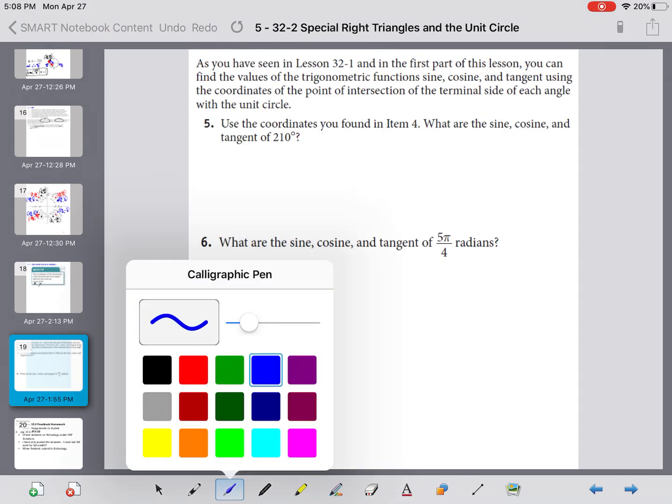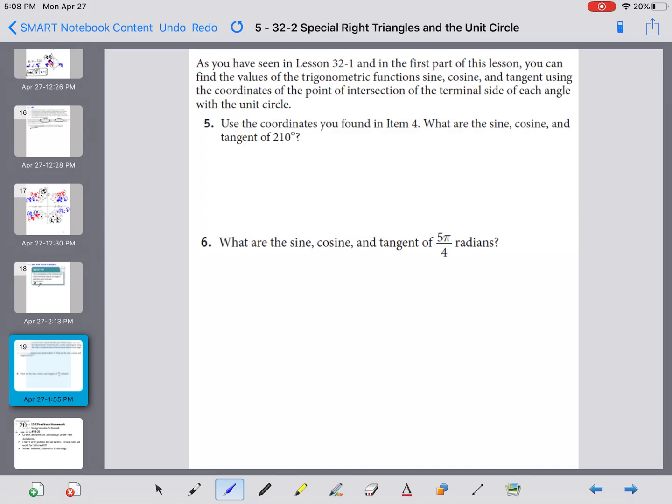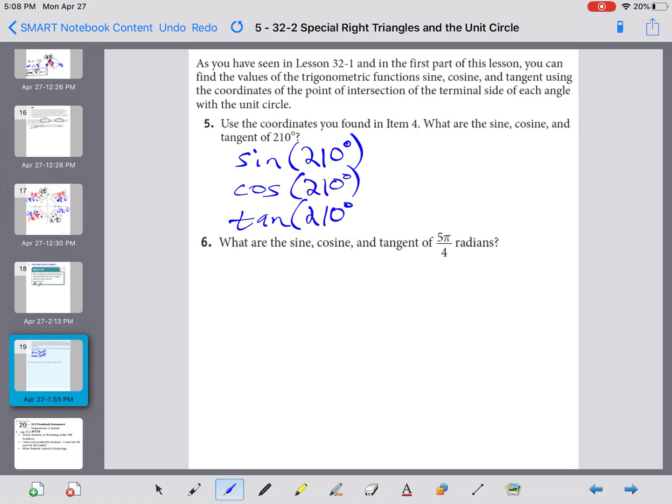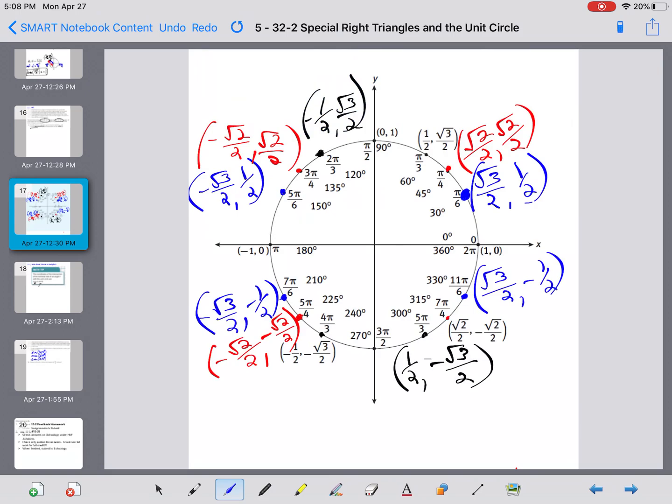Using the unit circle, let's go ahead and find all three values of 210. Let's do the sine of 210 degrees, the cosine of 210 degrees, and the tangent of 210 degrees. Now, you can find the reference angle and make your triangle and all that, but if you look at the unit circle, 210 degrees is down here, right?